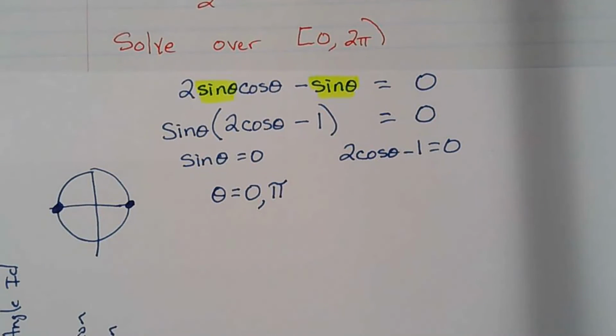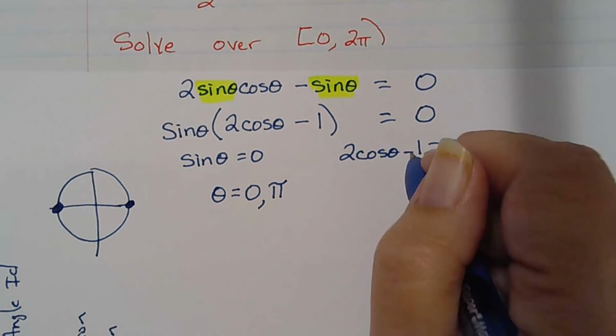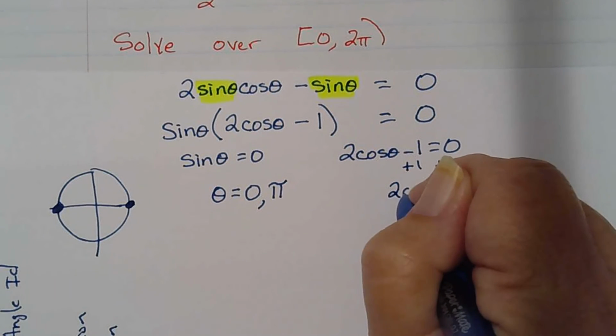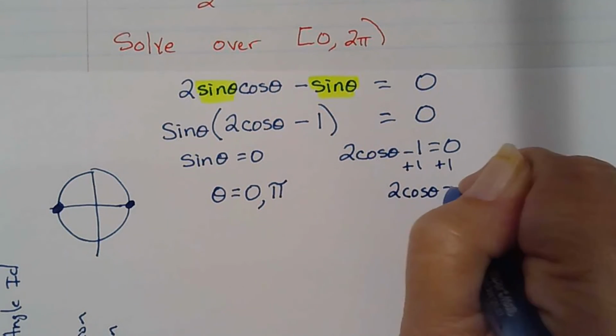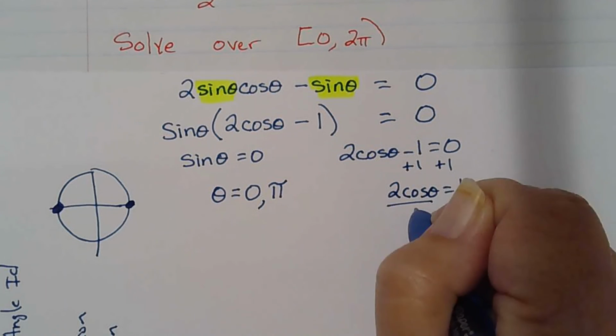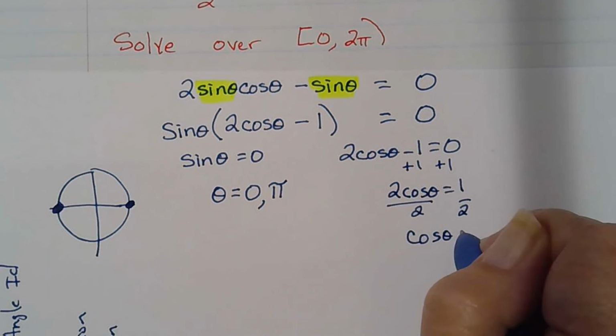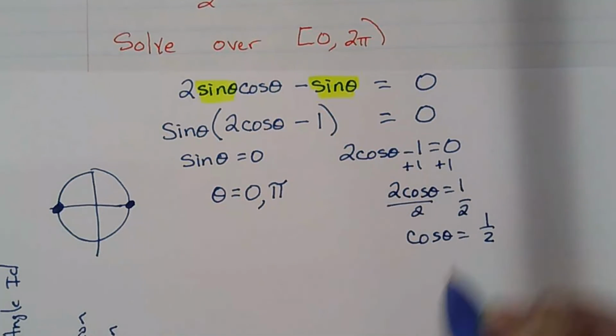All right, now I work out my other little equation. I add 1 to both sides. So 2 cosine theta equals 1. Divide by 2. Cosine theta equals 1/2. It's a positive 1/2.